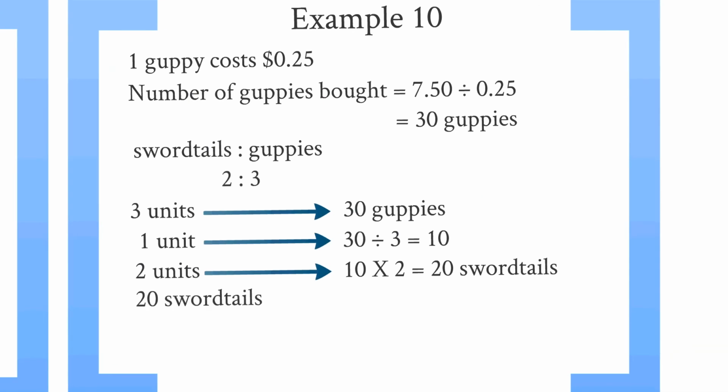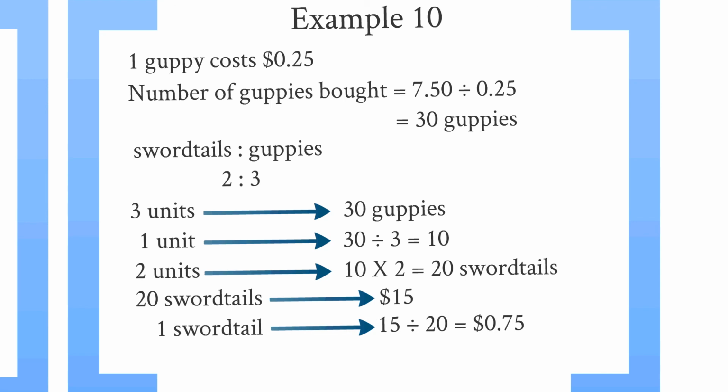In other words, 20 swordtails is equivalent to $15. He paid $15 for 20 swordtails. So 1 swordtail will be 15 divided by 20, and that will give me 75 cents. So this is the answer to part A. Each swordtail costs 75 cents.